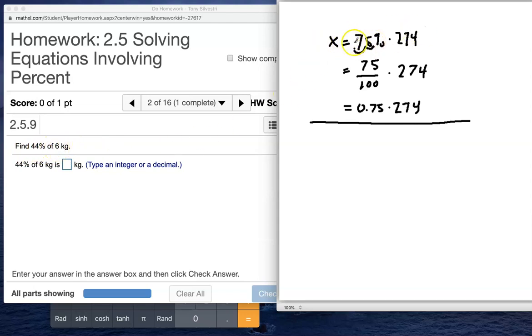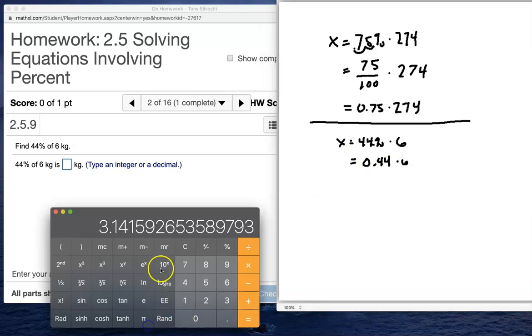It's almost like this problem if you think about it. 44% times 6 is equal to x. So I'm going to take the decimal over here, and when you divide, you get 0.44 times 6. So let's go ahead and punch that into the calculator.